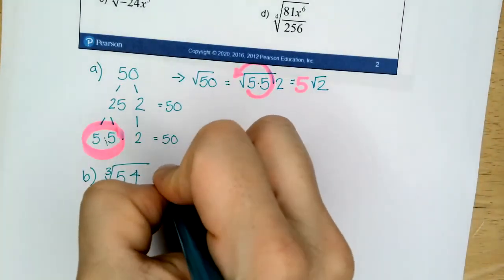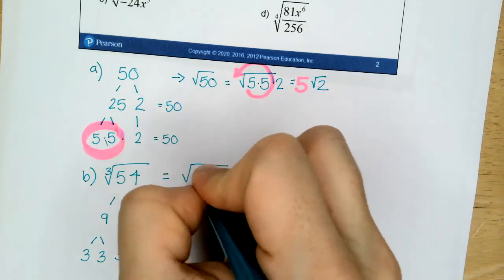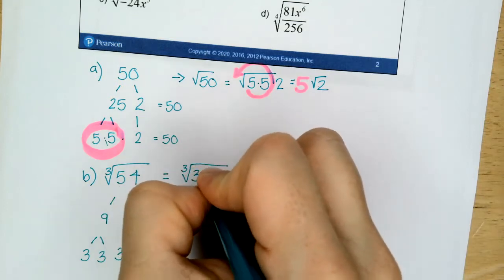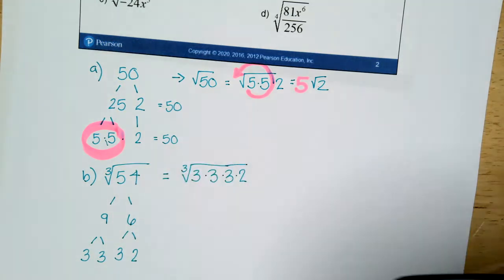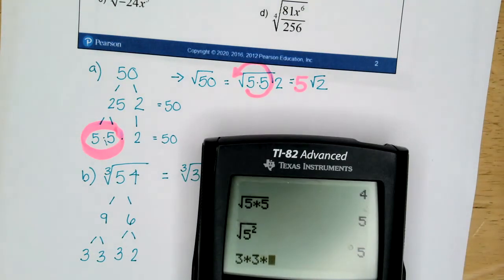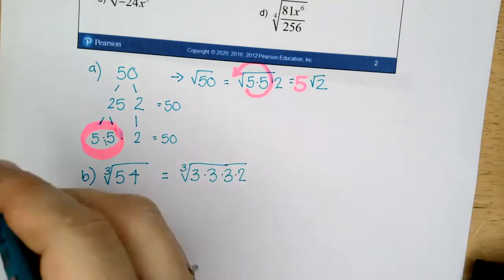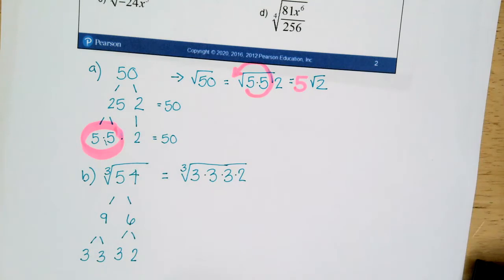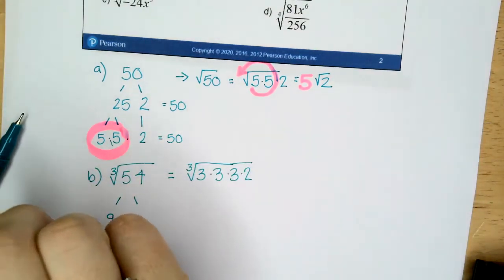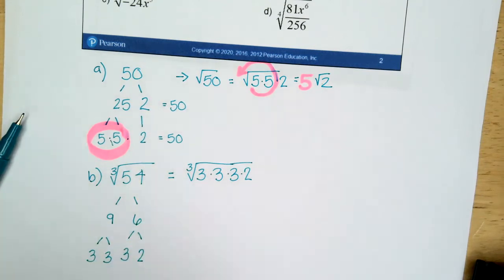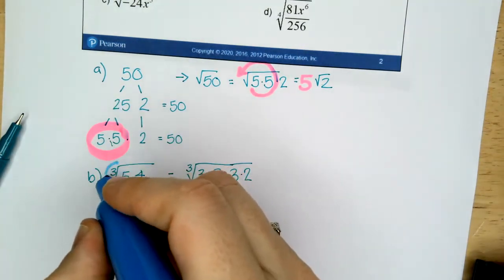So the cubed root of 54 is the same as the cubed root of 3 times 3 times 3 times 2. 3 times 3 times 3 times 2 will give me my original term. Every row of my factor tree, if I multiply it, will give me that number. So because this is now a 3 up here, I need 3 terms.